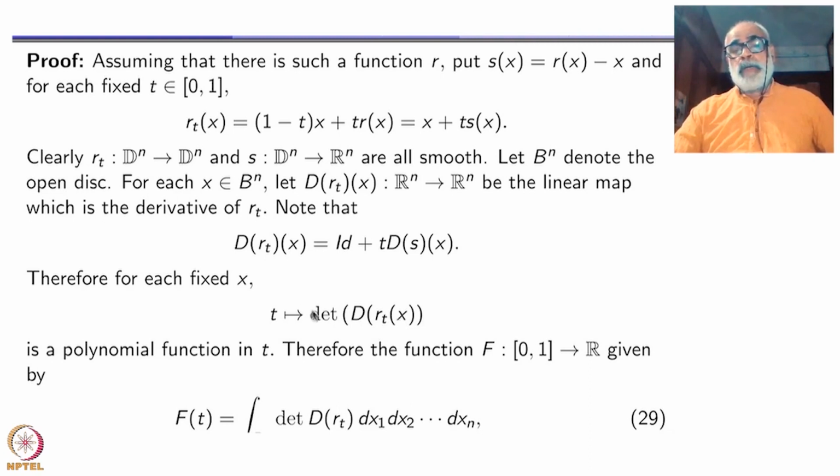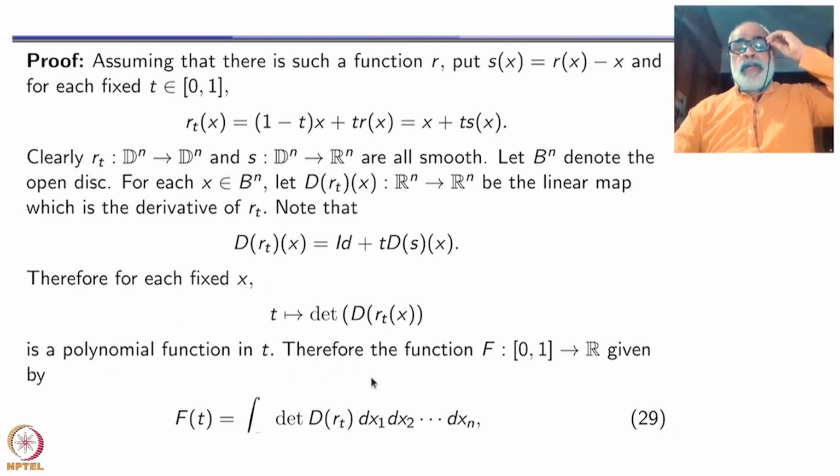Now x is fixed, one linear map is there, look at the determinant, but t is there. So the determinant of this identity plus some matrix will be a polynomial in t of possibly degree n, right? Because t occurs in each entry here. So this is a polynomial function.